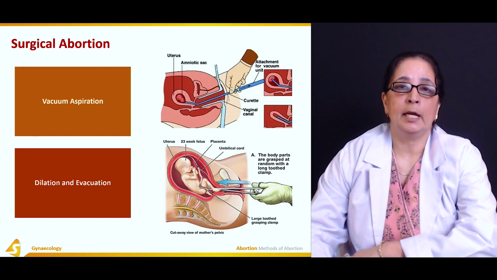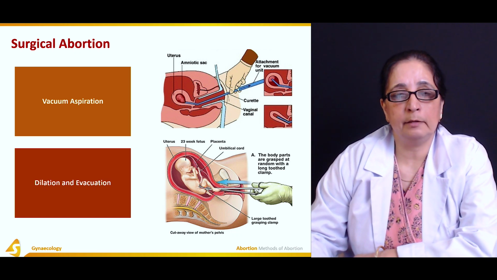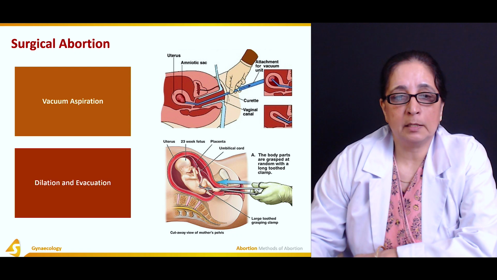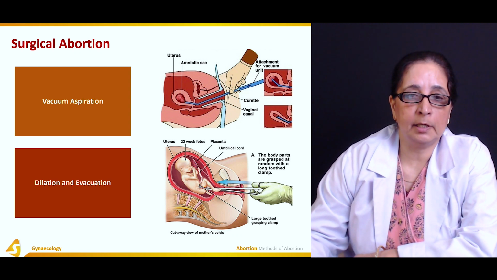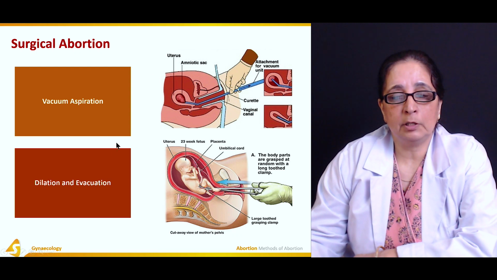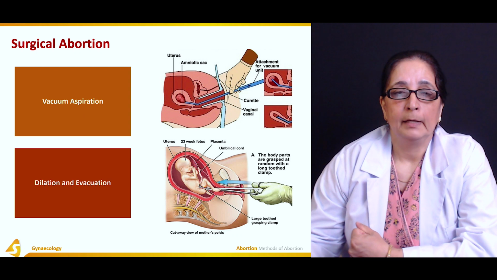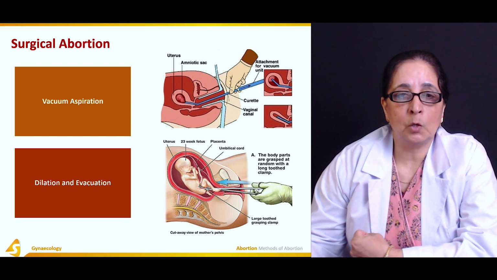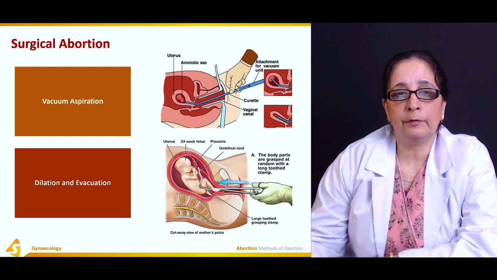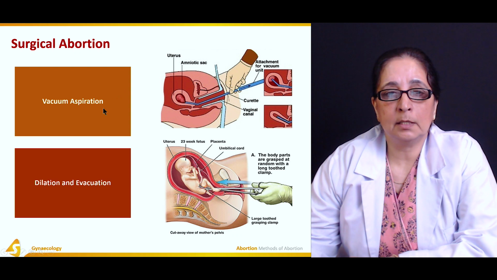Surgical methods, we have two methods for surgical abortion. One is vacuum aspiration, and then dilation and evacuation. In vacuum aspiration, it's a machine that pulls the fetus or the product of conception out once the aspiration is done.